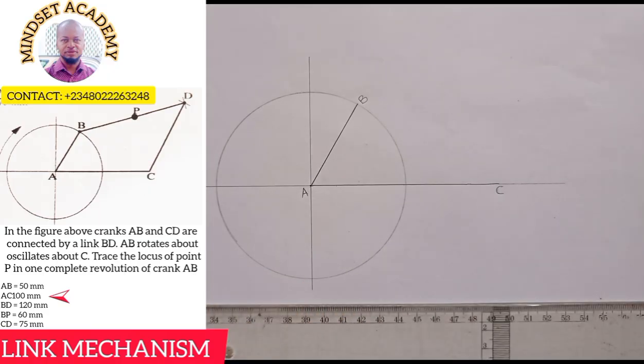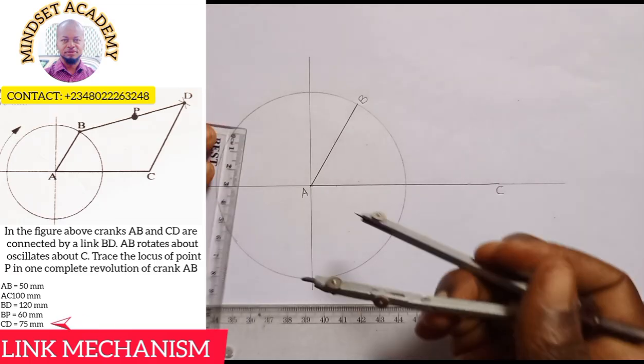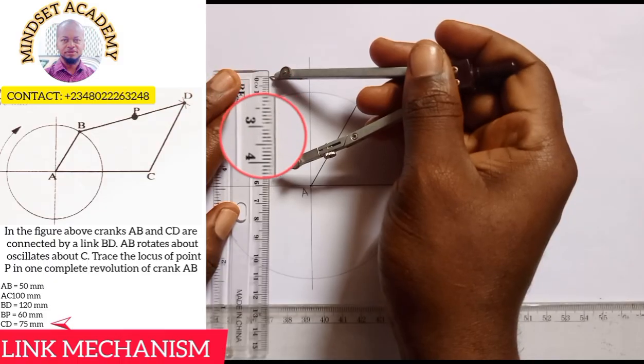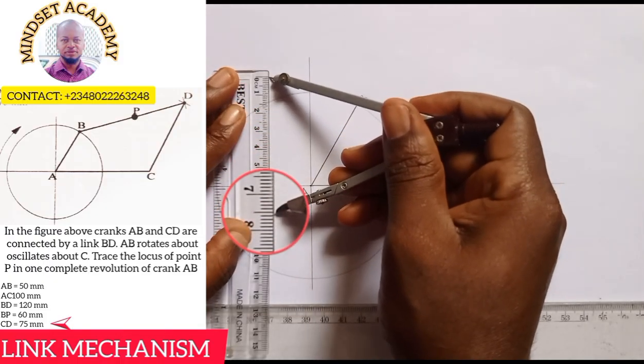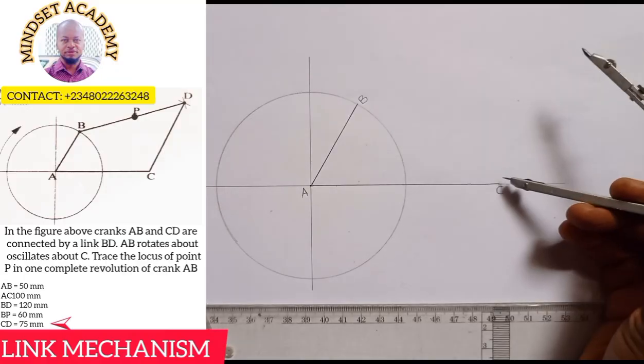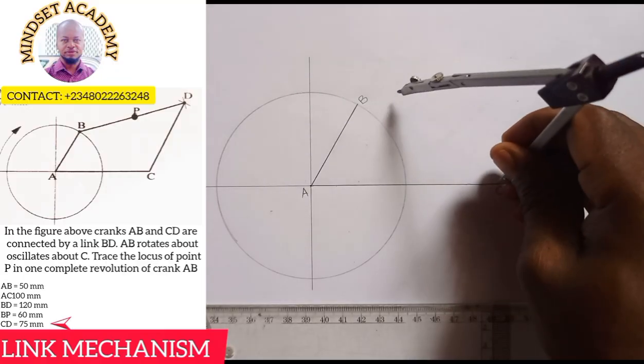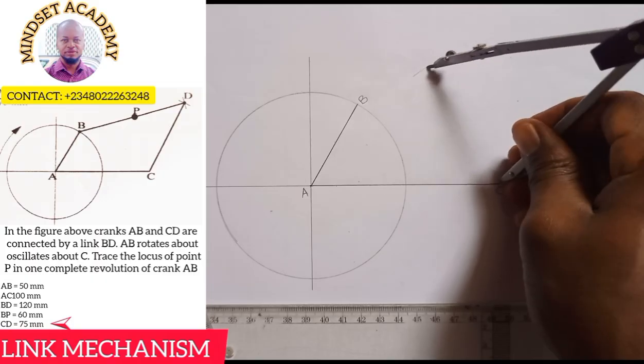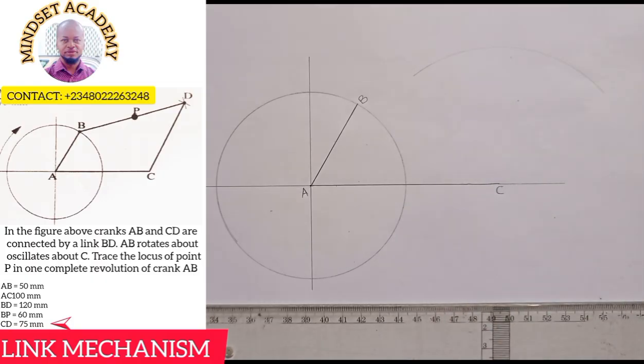Now the next thing is to get point D. We know that what B and C have in common is D, right? So for me to get D, I'll measure the given dimension CD, which is given as 75, from 0 to 75 here. And I'll place it at this point C, then I'll strike an arc this way. This is the arc, right? Similarly, I'll do that for BD, which is given as 120.